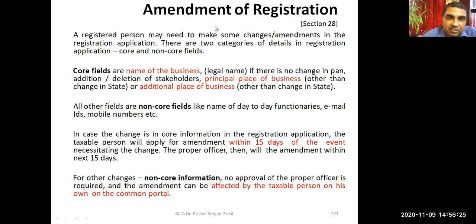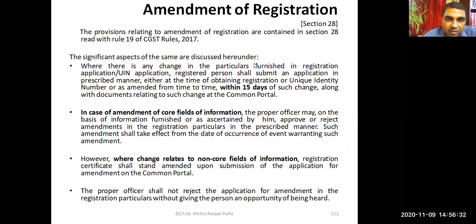Did you understand this? Yes, sir. Okay. Yeah, this is about amendment.